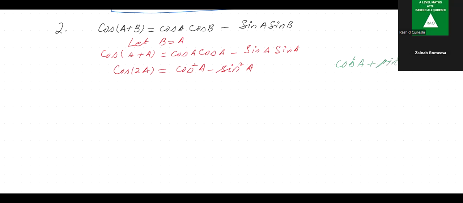So whenever we have cos square of A and sine square of A, the answer is always equal to 1. From here, I can get two results. The cos square of A is equal to 1 minus sine square of A, or the sine square of A is equal to 1 minus cos square of A. So I have these two results.